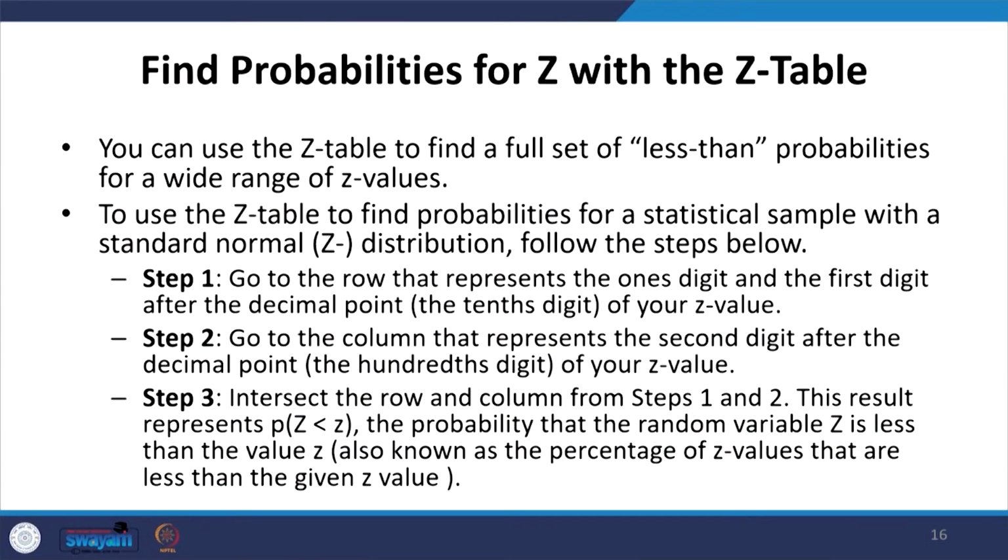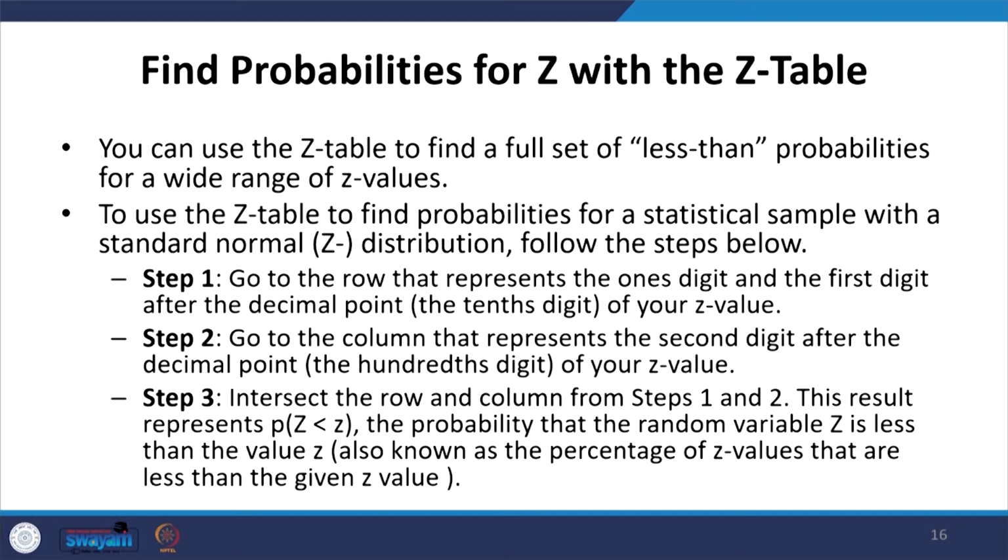Second one is how to find the probability value of Z with the Z table and the T value with the T table. I have put some references here for your understanding. You can use the Z table to find a full set of less-than probabilities for a wide range of Z values.